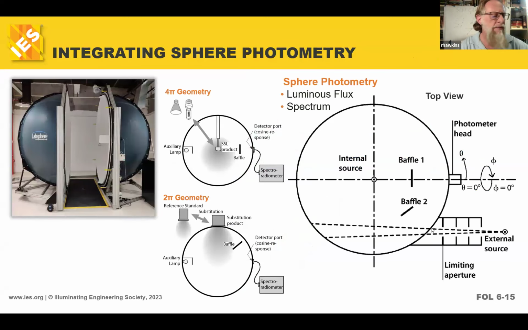All right, here we go about photometry. So photo, remember, light, and metry, measurements. A lot of times we're interested in the output of something. A couple different ways to do that. You can do the full investigation like we talked about, all in the goniophotometer, of all the values all the way around, up and down. You take those candle power values, you go into zones. There's a zonal constant you apply to the zone, you get lumens in that zone.